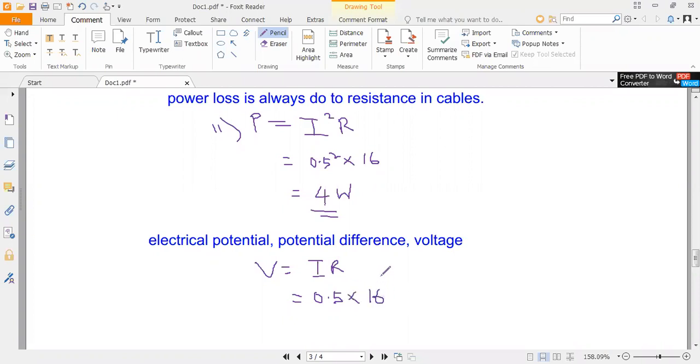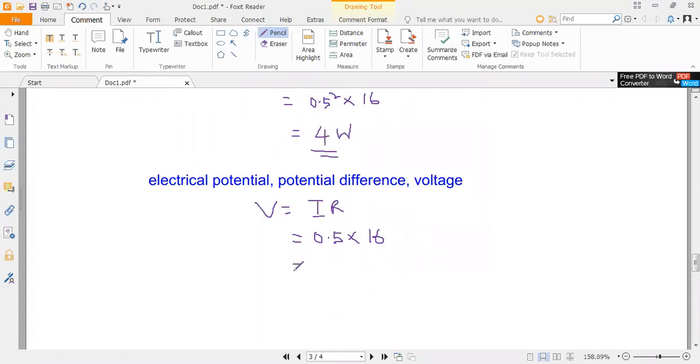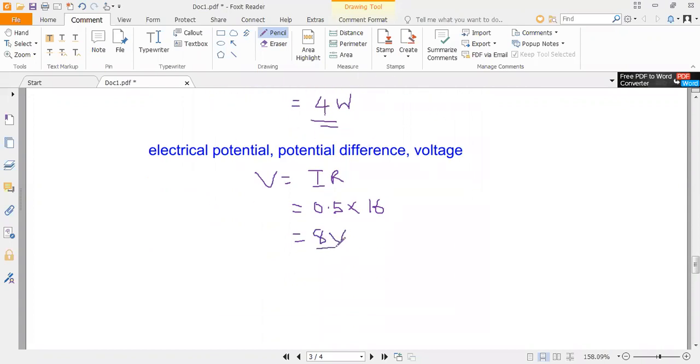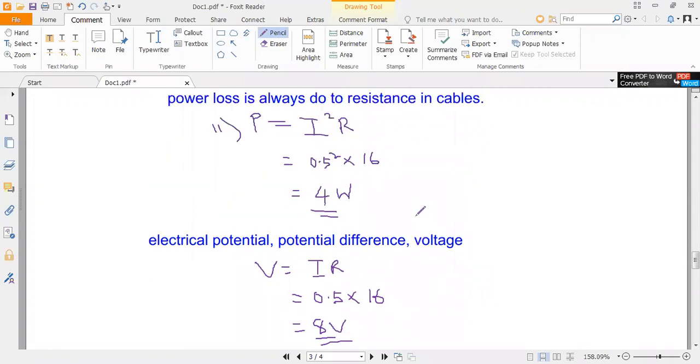We just multiply 0.5 times 16 and we get the answer as 8 volts. So the electrical potential is equivalent to 8 volts. Finally, we've answered the whole question as it was given to us.